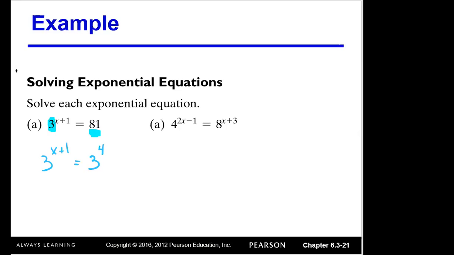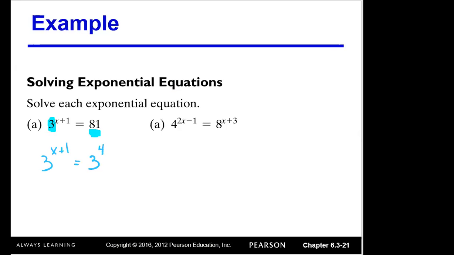So I literally changed the 81 into its base 3 form, because 3 to the 4th, 3 times 3 is 9, times 3 is 27, times 3 is 81. And now I have 3 to the x plus 1 equals 3 to the 4th. I have a 3 to the this equals a 3 to the that. So this equals that.